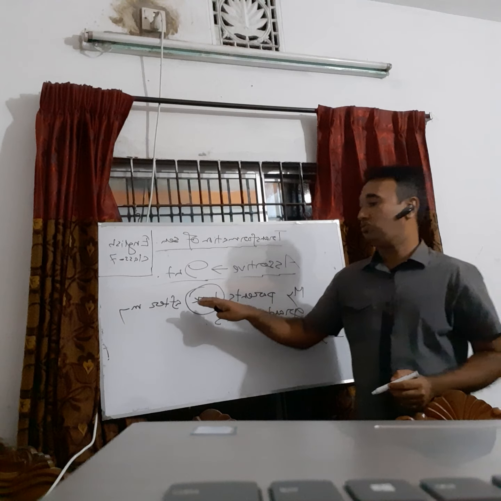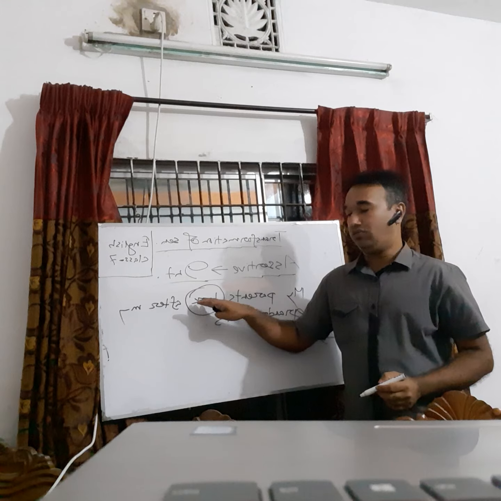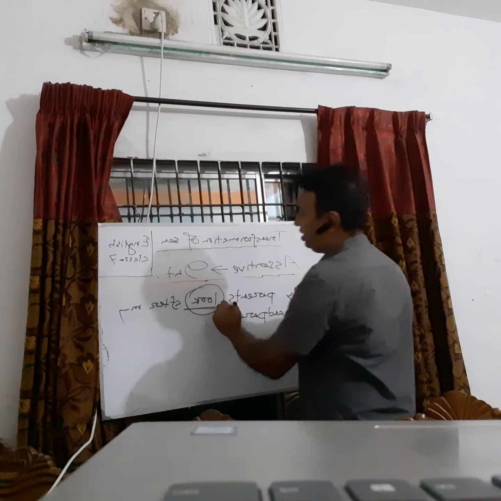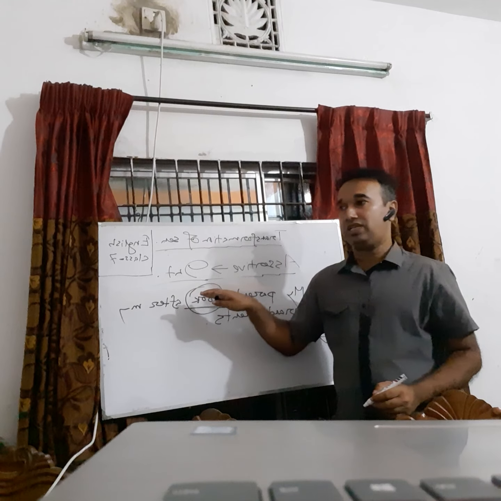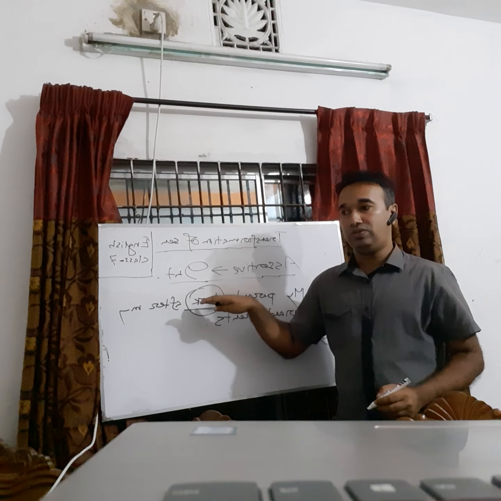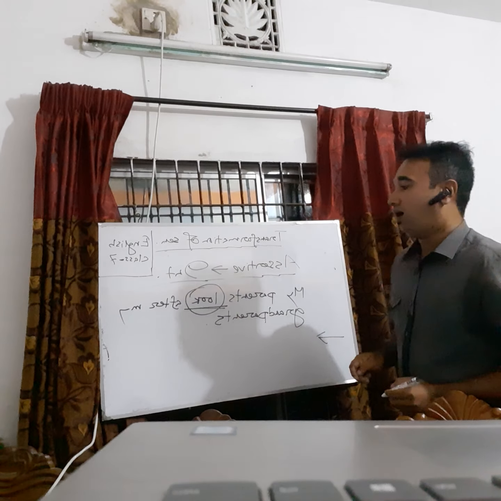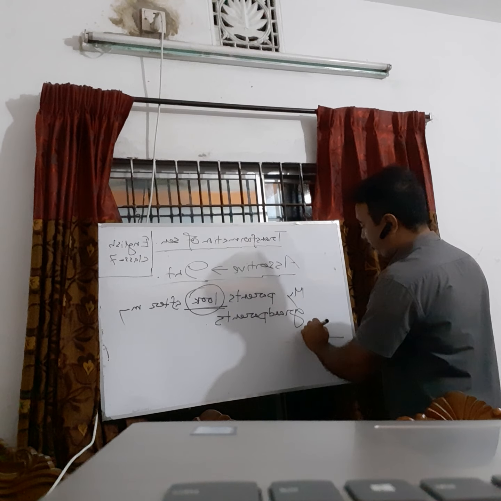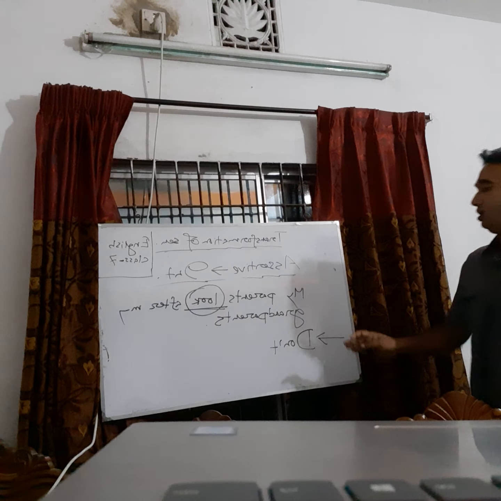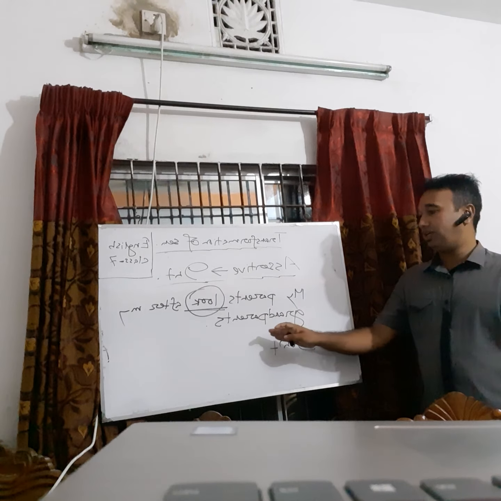This time there is no s/es with the main verb, and the verb is in present form. If the main verb is in present form and there is no s or es with the main verb, then put the auxiliary don't at the beginning of the answer sentence. Don't. Now write down the rest of the sentence.